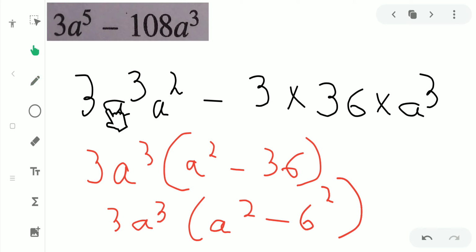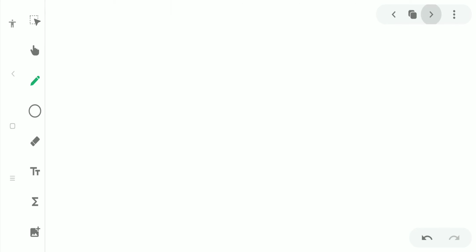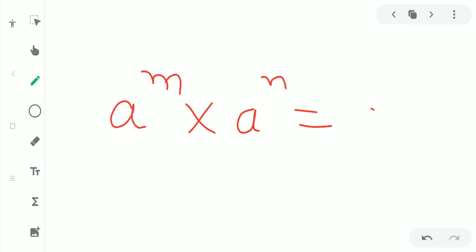You may get a question, why I wrote a cube times a square. I have explained one formula in that formula video: a power m times a power n is equal to a power m plus n.